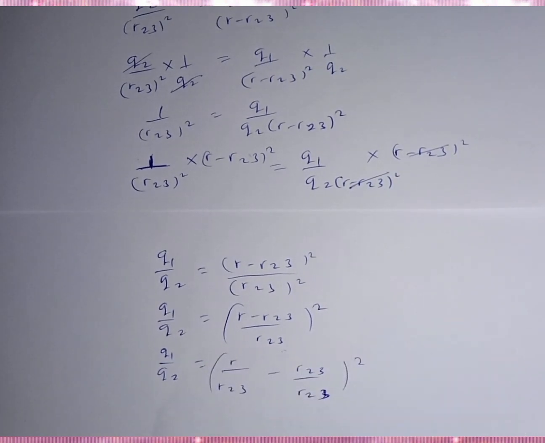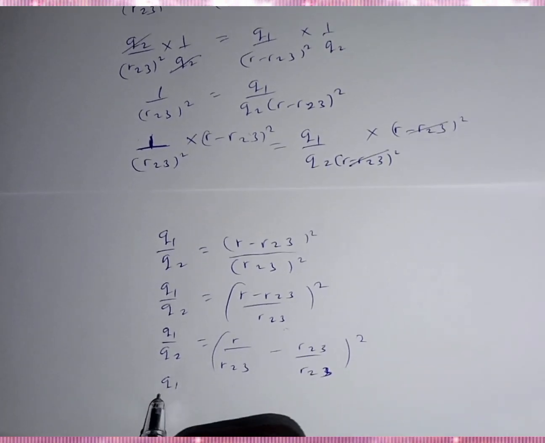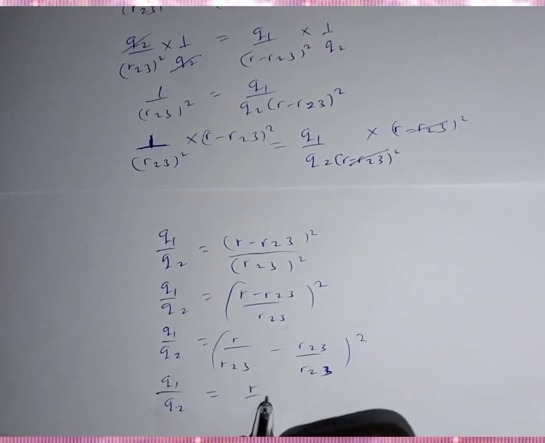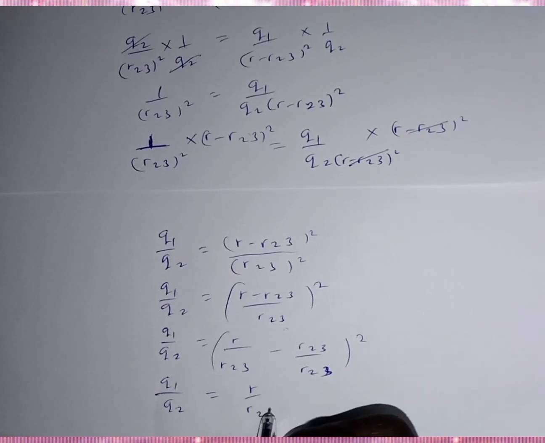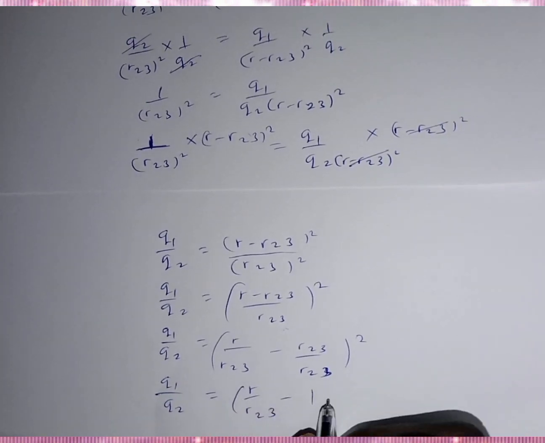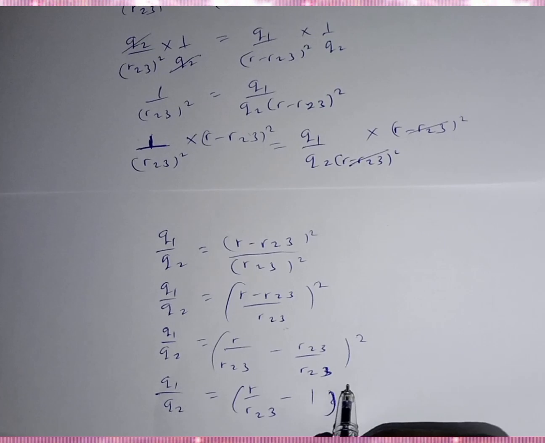I think we still have the square. So therefore we can say Q1 over Q2 equals (R over R23 minus R23 divided by R23, which is 1) squared.